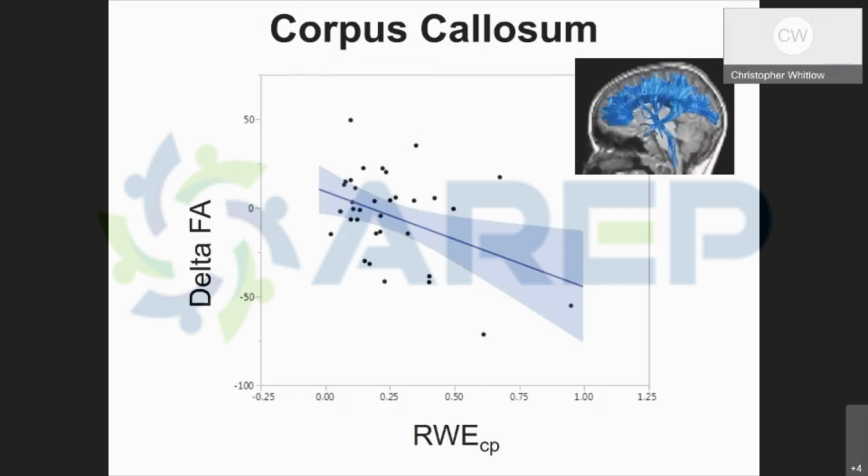And what we saw in the corpus callosum were statistically significant linear relationships between the change in fractional anisotropy over the season, so preseason versus postseason, and our risk-weighted cumulative measure of exposure. So basically, fractional anisotropy (FA) decreased between pre- and postseason as head impact exposure increased.